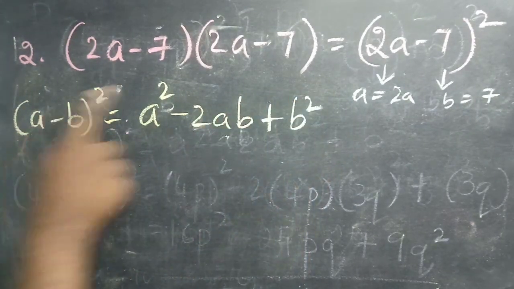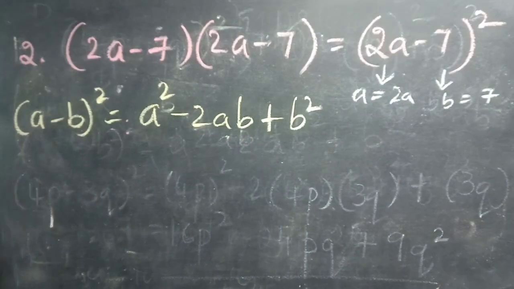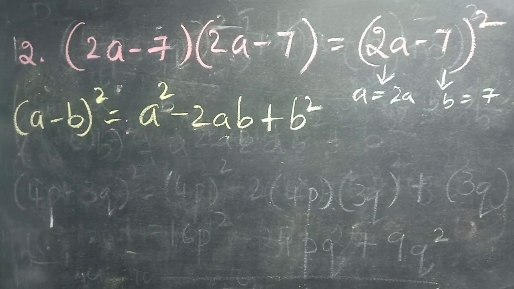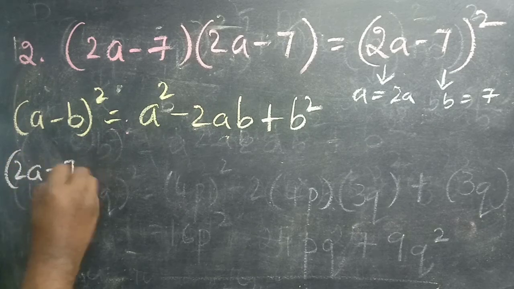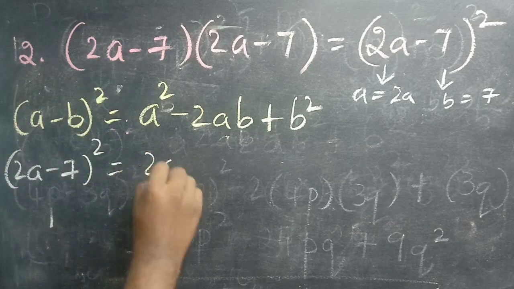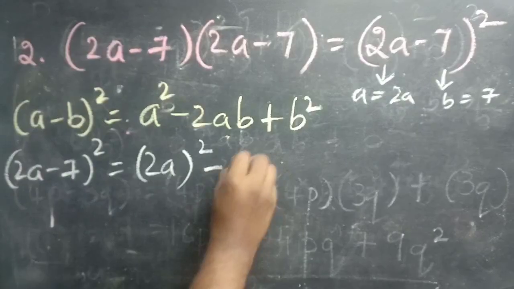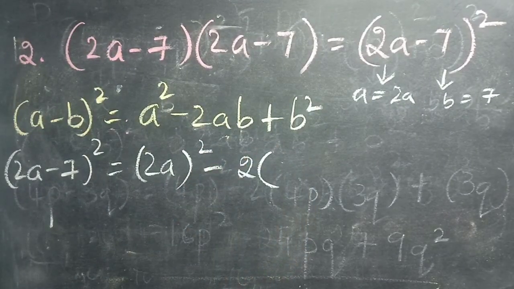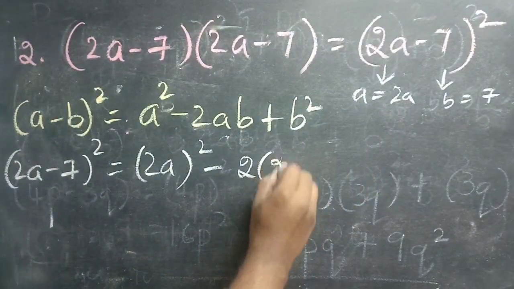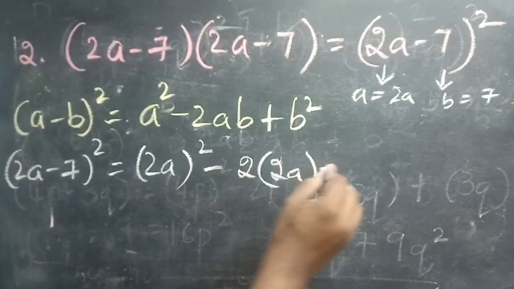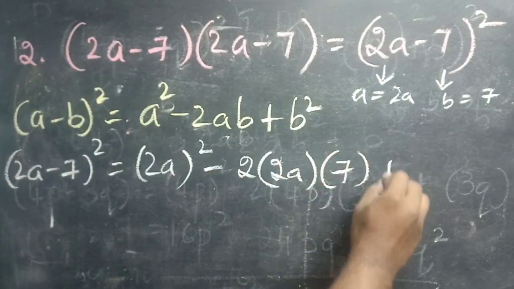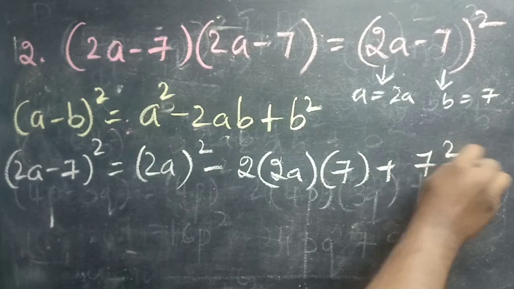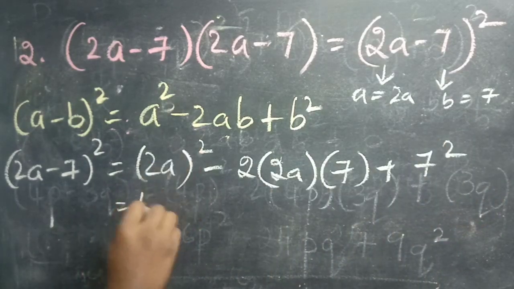In the place of a, I have 2a. In the place of b, I have 7. Now what I get is 2a minus 7 whole square equals 2a whole square minus 2 times a is what? A is 2a. What is b? B is 7 plus b square is 7 square. Now what I get is 2 square is 4.